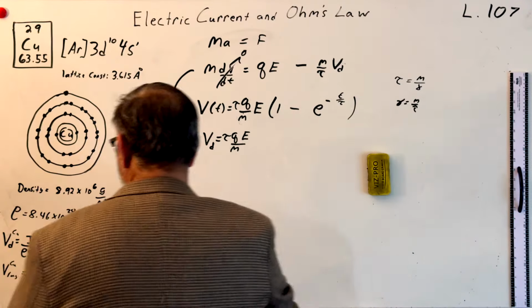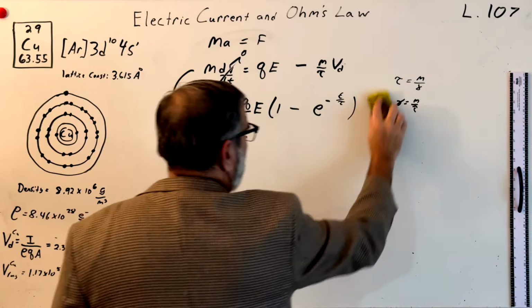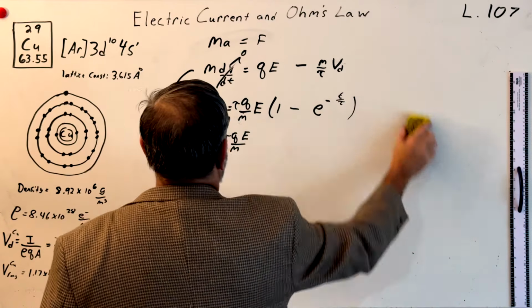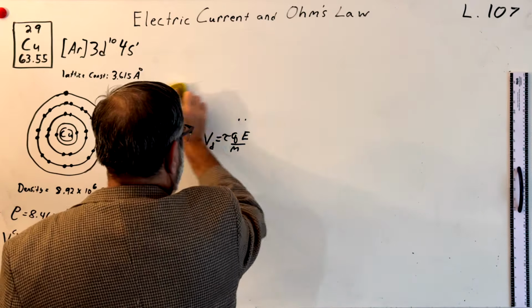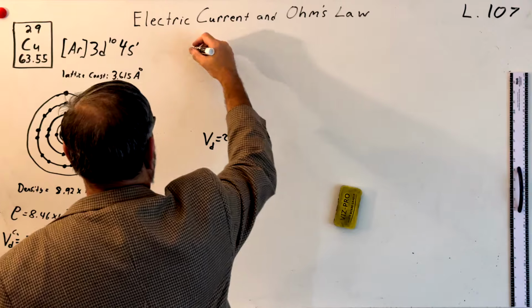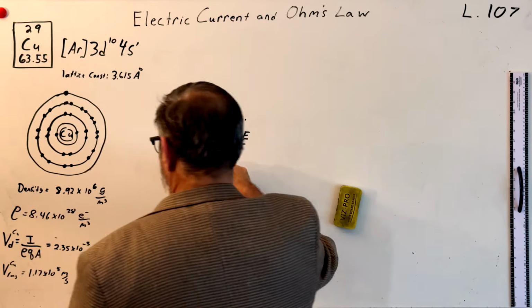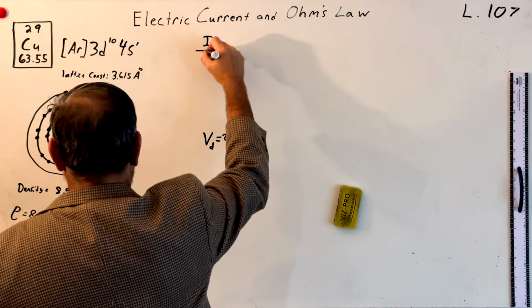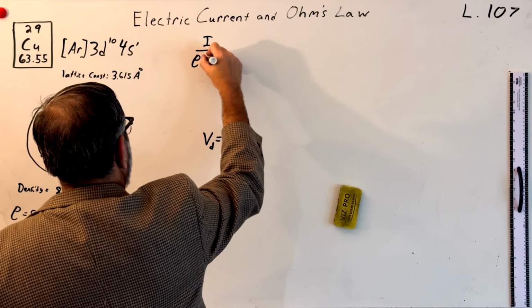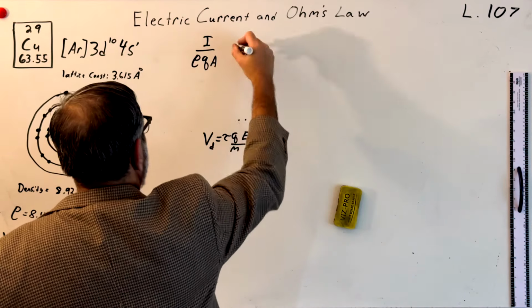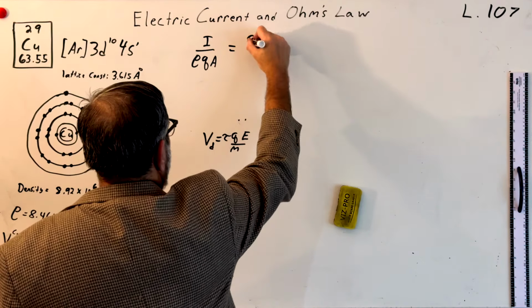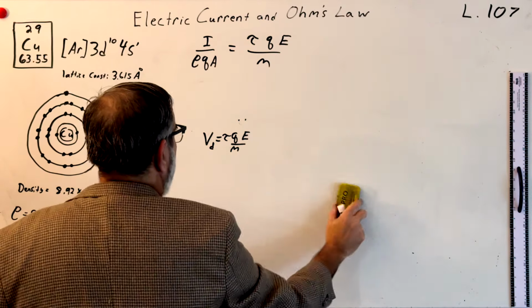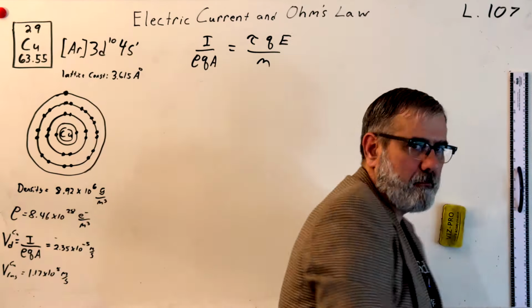We don't need it. And we don't need this. What we do need is this. So I've got this equals this, right? So that would say that I over rho QA is equal to tau QE over M. Okay?